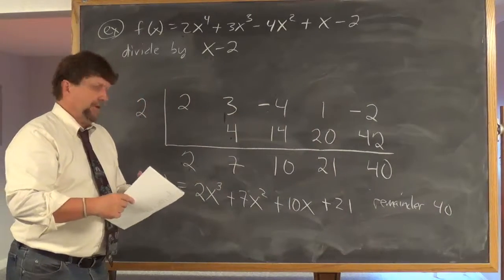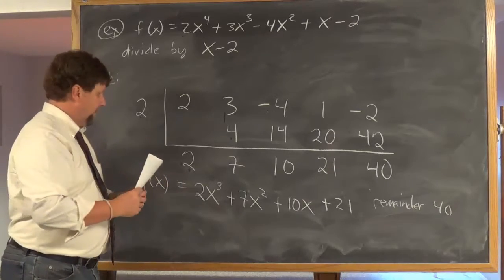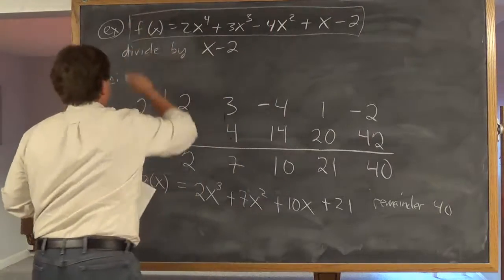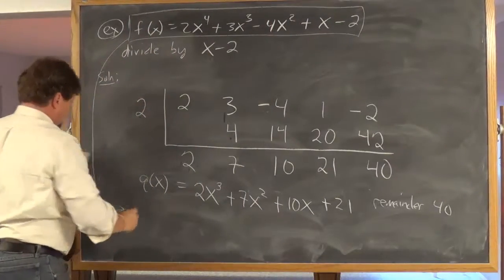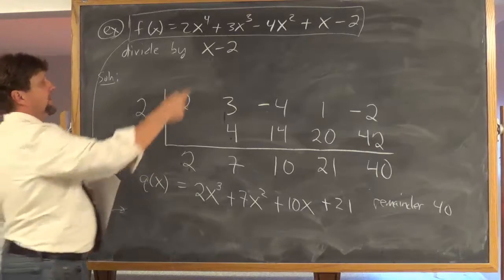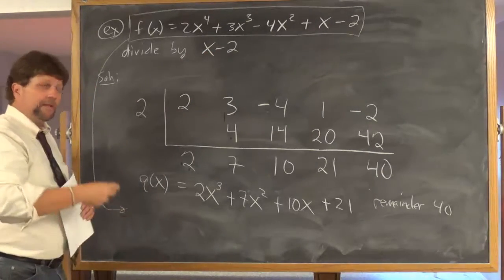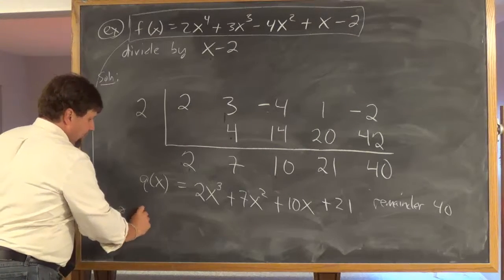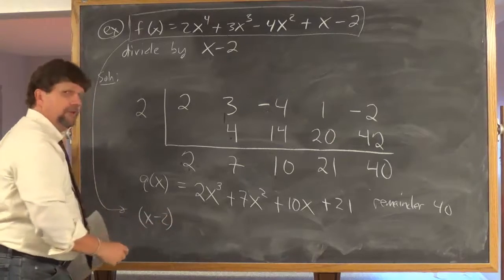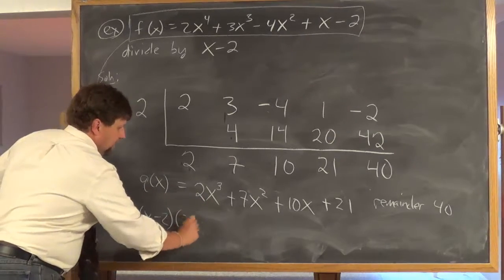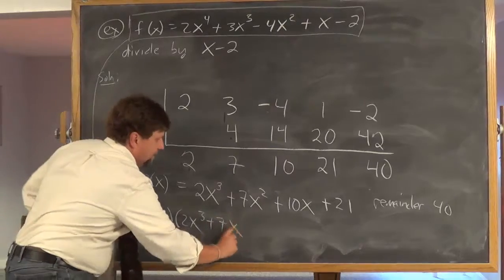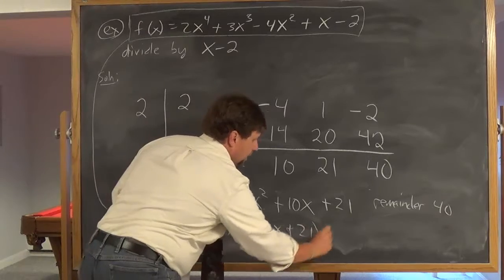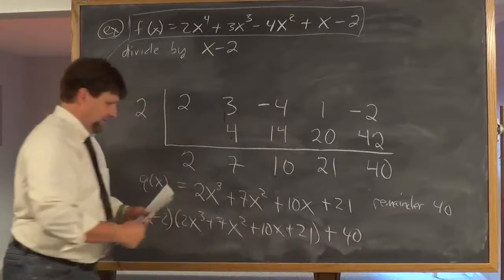Another thing that you could do, and this is kind of the cool part, is take the original polynomial and write it as x minus 2, that's the divisor, times the quotient, 2x cubed plus 7x squared plus 10x plus 21, then plus the remainder.